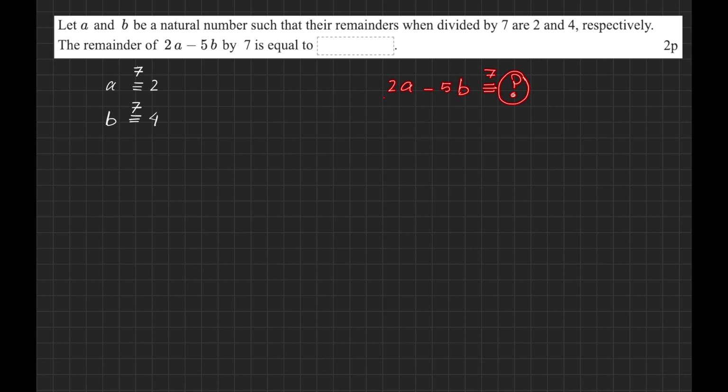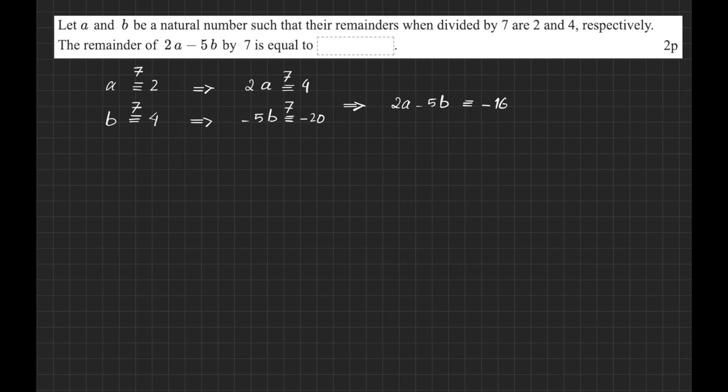I will immediately construct this combination using what I have. For example, I multiply the first one by 2, so it becomes 2a is congruent to 4 modulo 7. I multiply the one below by minus 5, so it becomes minus 5b is congruent to minus 20 modulo 7. And then I add these two congruency relations side by side, so it becomes 2a minus 5b. On the right-hand side, 4 minus 20 becomes minus 16 modulo 7.